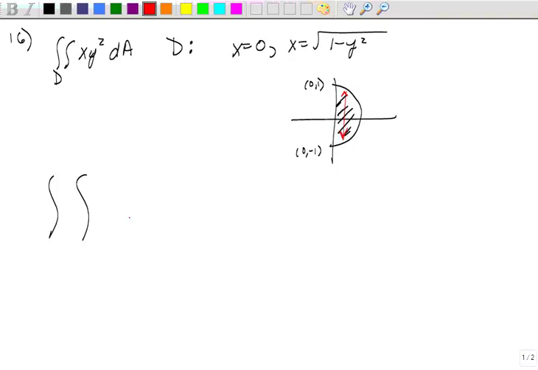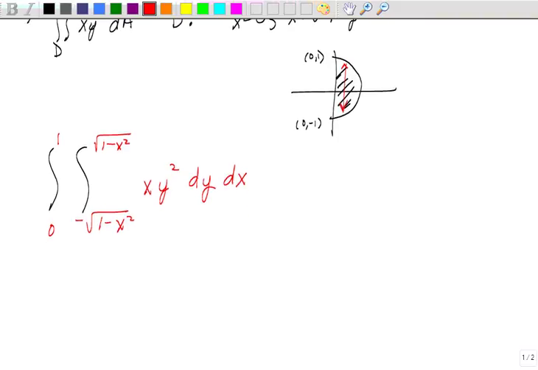Let's see. Let's go the other way. Because this would be, you'd have to solve for y, and you would get the square root of 1 minus x squared to negative square root of 1 minus x squared of xy squared dy, and then you would go from 0 to 1 dx.